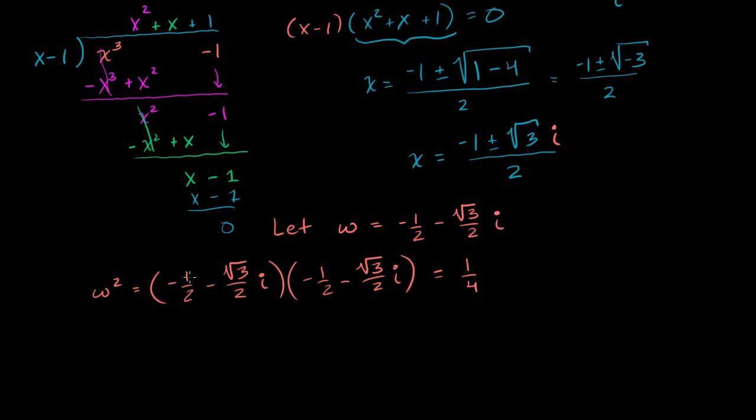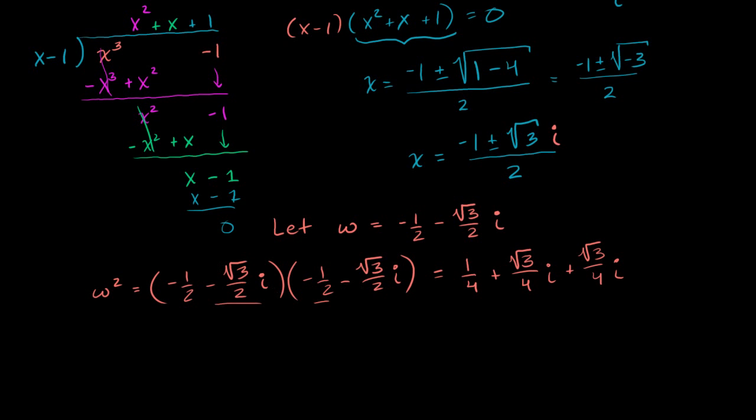Then you have negative 1/2 times negative square root of 3 over 2 i. The negatives cancel out, so that is positive square root of 3 over 4 i. Then we can multiply this times this, which gives us the same thing, so the negatives cancel out, and we have plus square root of 3 over 4 i.